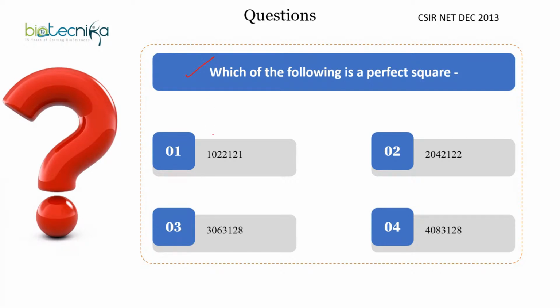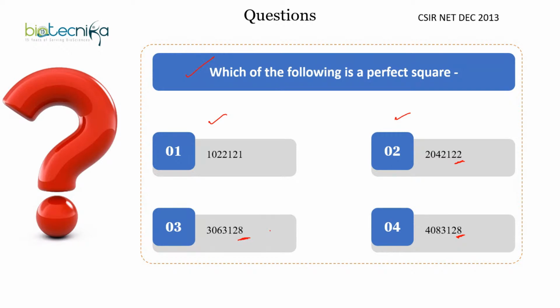Okay, so we have to find out कि हमारे ऑप्शन नंबर 1 2 3 4 में से कौन सा perfect square है. Earlier we studied that any number which ends with 2 or 8 is not a perfect square.